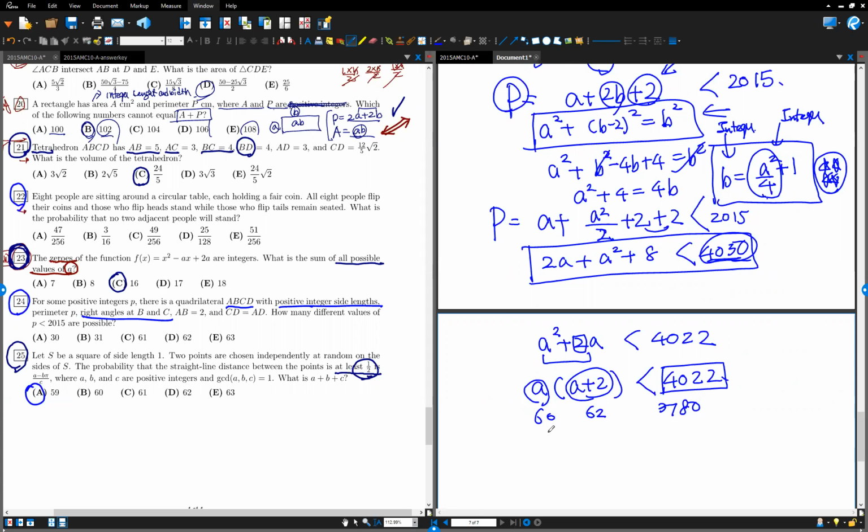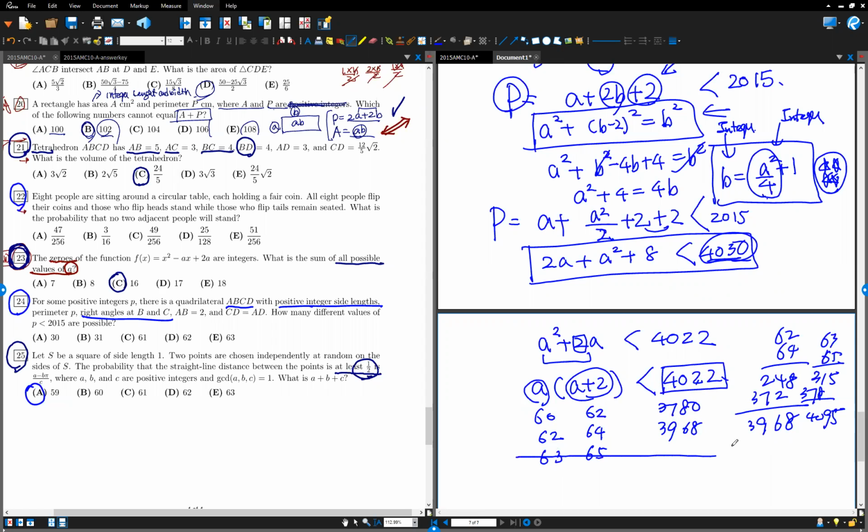Oh, increase. 62 times 64: 3,968. Increase more. 63 times 65: 4,095. This is more than this one. No good, this is not working. The value of a is 62. That's it.